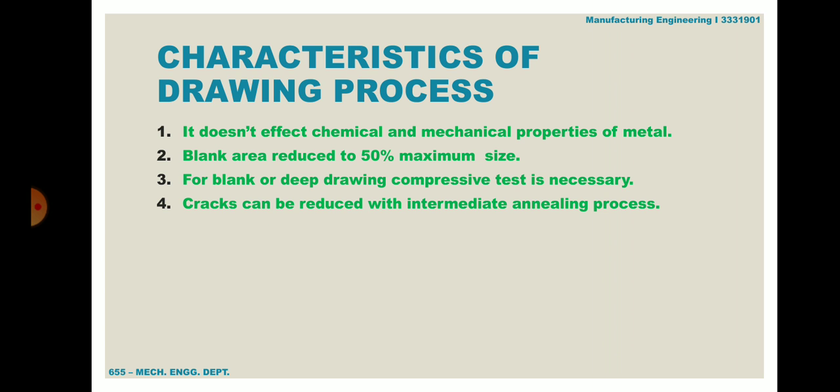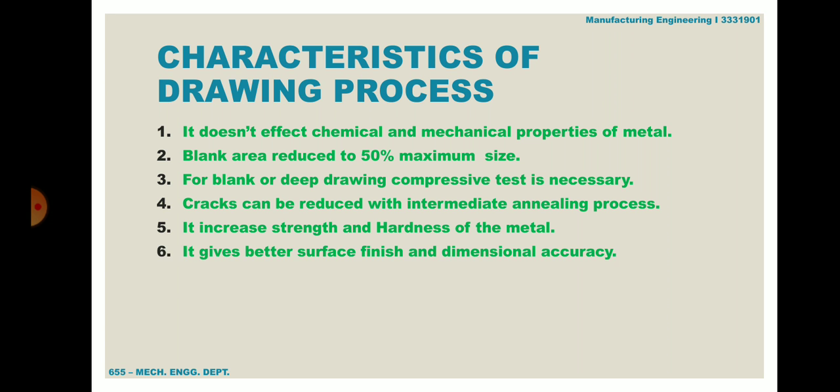Cracks can be reduced by an intermediate annealing process, so before making the product, heating of the material is required. It increases the strength and hardness of the material because it is done at cold temperature. It gives better surface finish and dimensional accuracy. And last, it's a cold working process. So these are the characteristics of the drawing process.